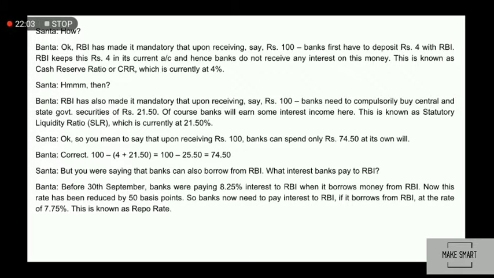If it borrows from RBI at that rate of 7.75%, it is known as repo rate. Now 50 basis points means 0.5%, subtract from 8.25, it's 7.75. Before 30 September, 8.25 interest. After that, 7.75 interest.